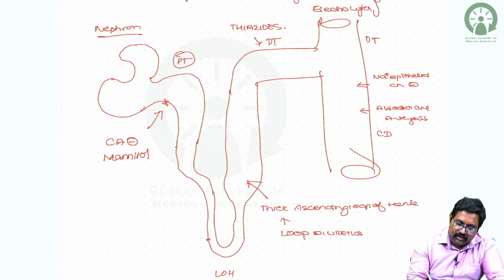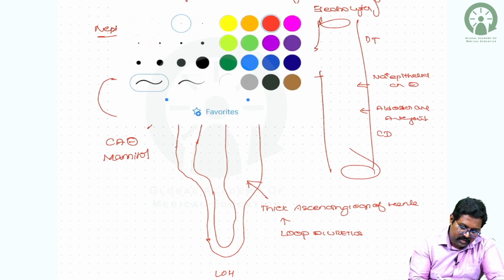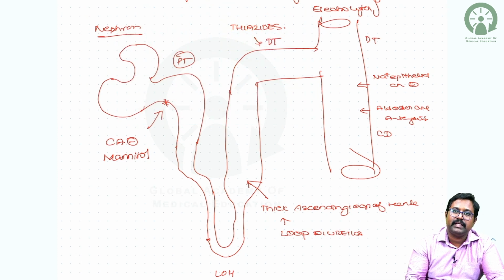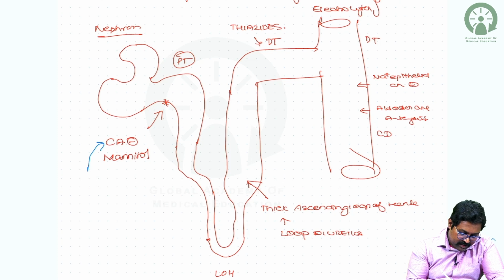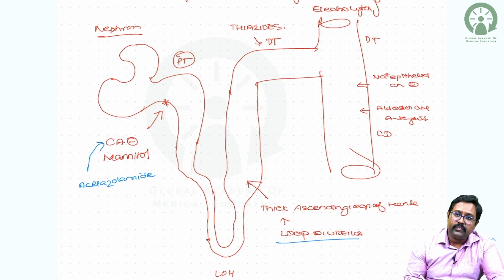So what are all the examples we should know from each of these broad groups? Under carbonic anhydrase inhibitors, they basically inhibit the carbonic anhydrase enzyme. The examples are acetazolamide, brinzolamide, dorzolamide, etc. From the loop diuretics, you have furosemide, which mainly acts on the sodium-potassium-2-chloride channels.